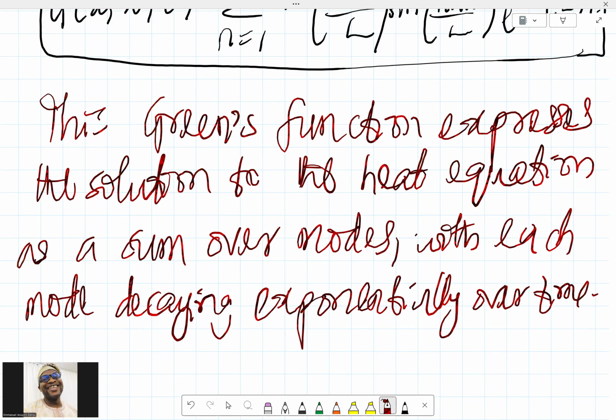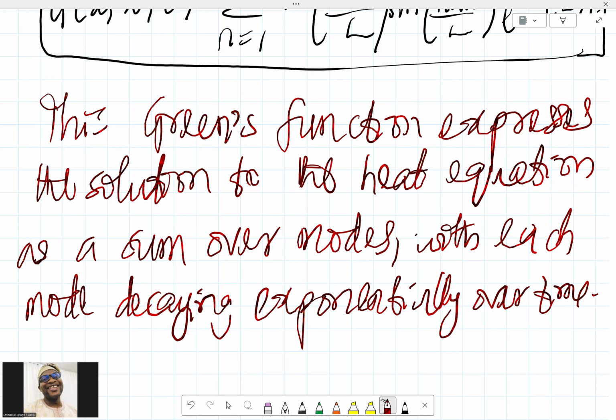Okay, so in summary now, Green's functions provide a powerful way to solve linear PDEs with arbitrary source terms, like we've said. By finding the Green's function for a given problem, one can use it to construct the solution by integrating over the source term. The process involves solving the PDE with a delta function source, incorporating boundary conditions, and applying the concept of superposition to obtain the general solution, pretty much like some of the things we've said previously.